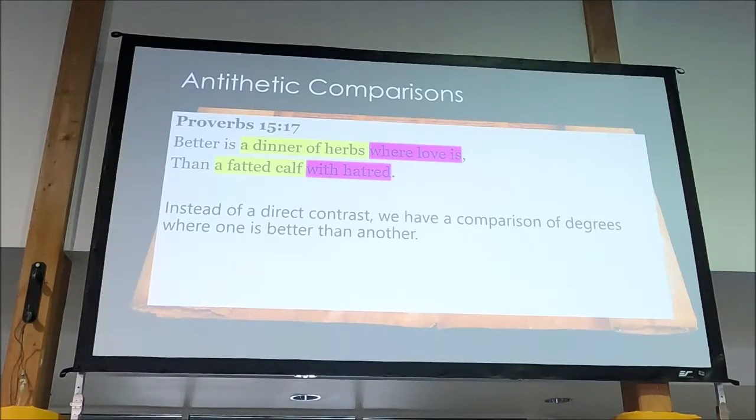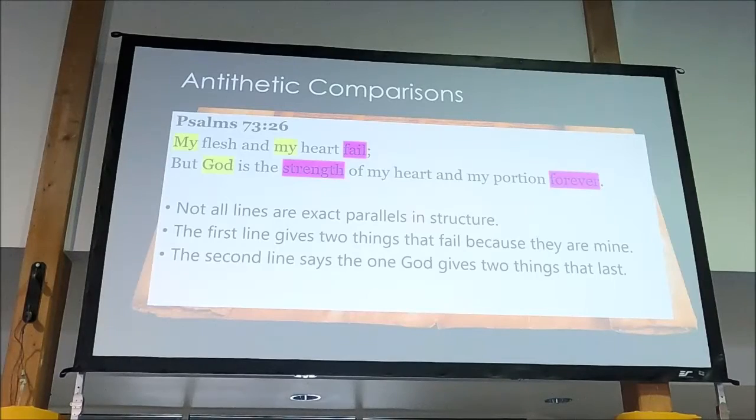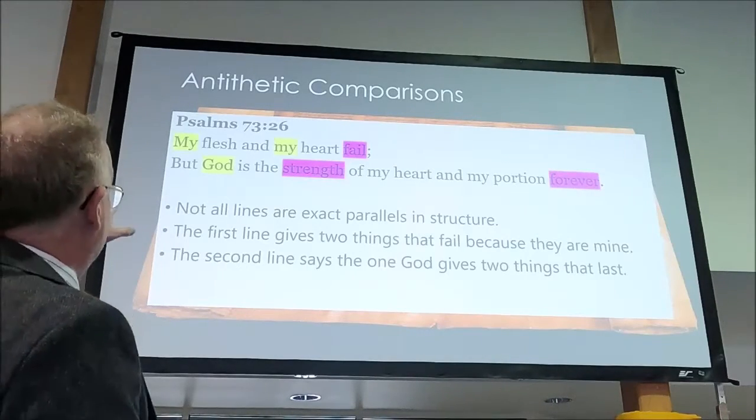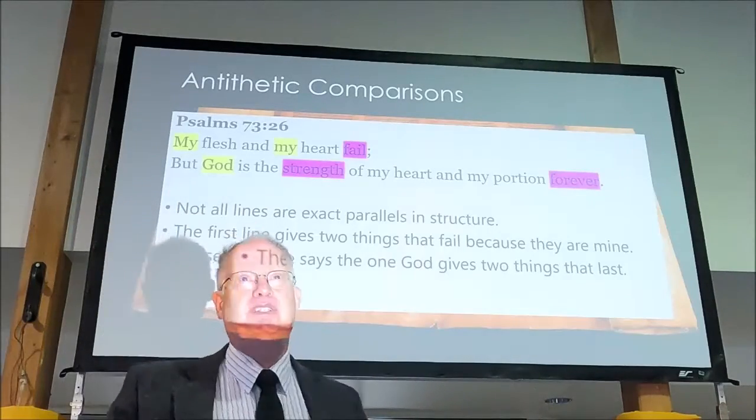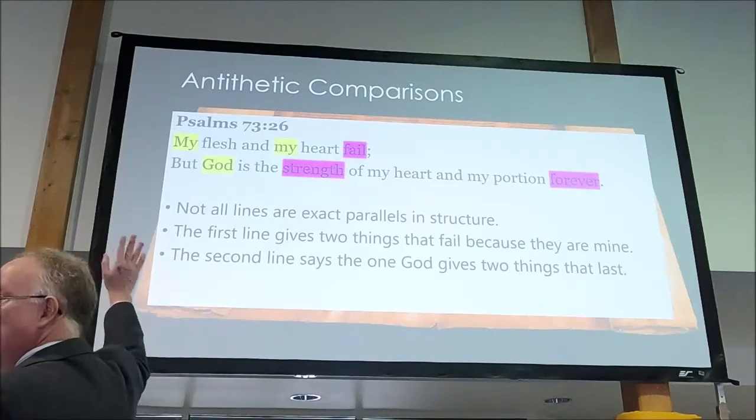But going on, Psalm 73, verse 26. My flesh and my heart may fail, but God is the strength of my heart and my portion forever. Now I picked this one because there are contrasts, but it's a little bit of a different style. Notice this is my flesh, my heart versus God.